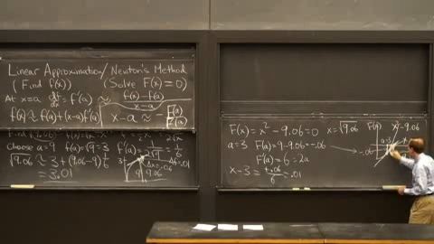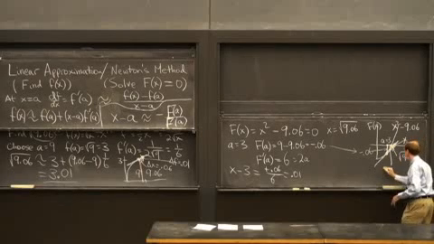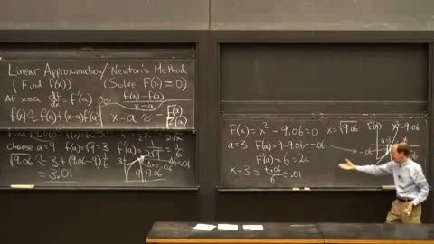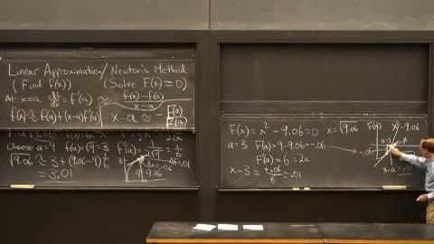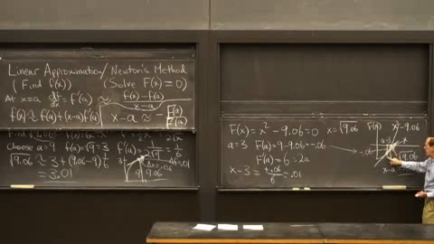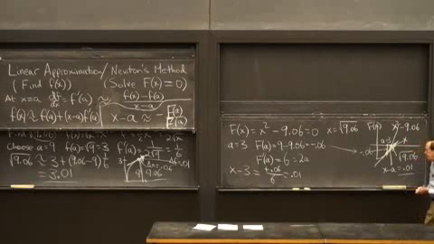This is the x minus a distance that has to be 0.01. I go across 1 if I'm going down by 6, because the slope is 6.